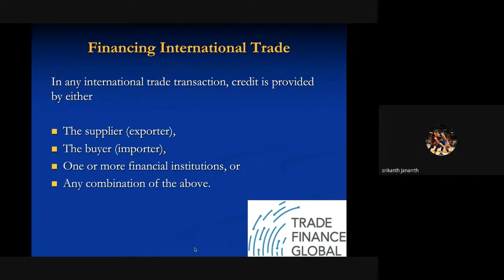Sometimes the importer will provide the cover by making an advance payment. That's what we are going to learn now. The importer might make the payment in advance to the exporter so that he will have the funds to procure the goods, manufacture and send them to the importer. That kind of commodity is also tradable.